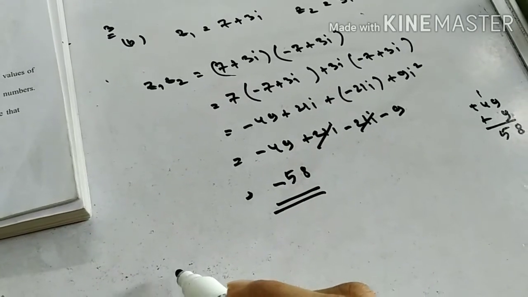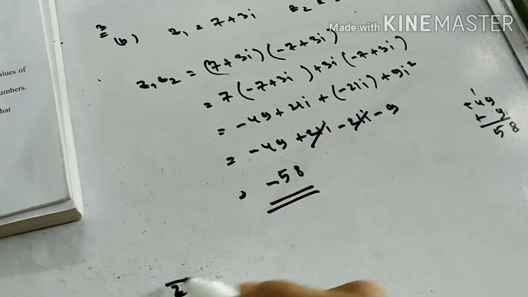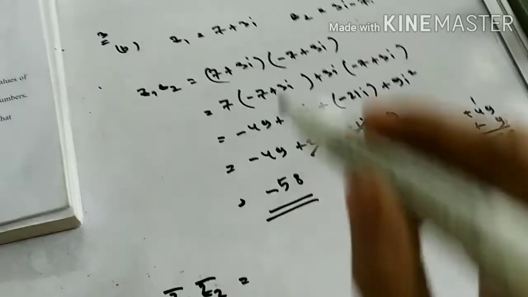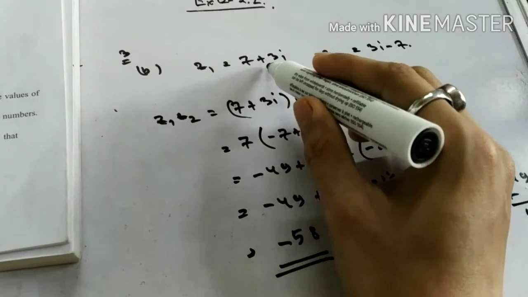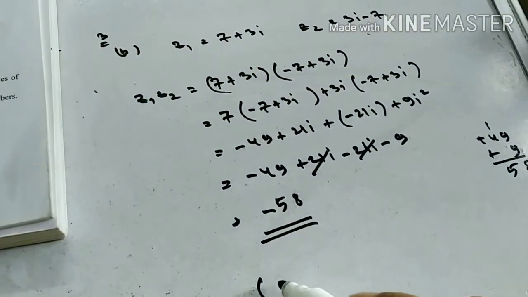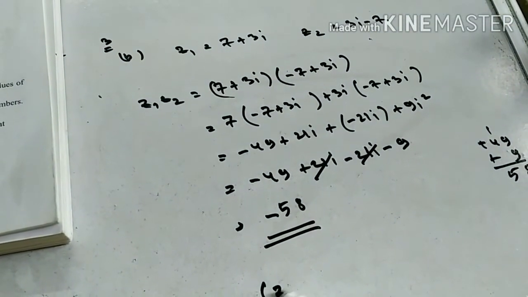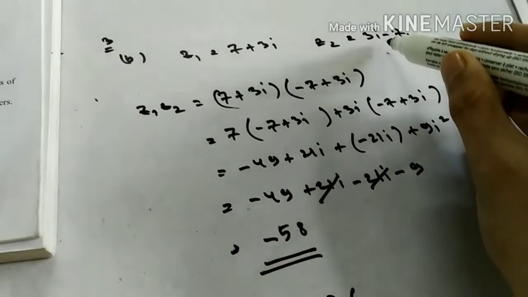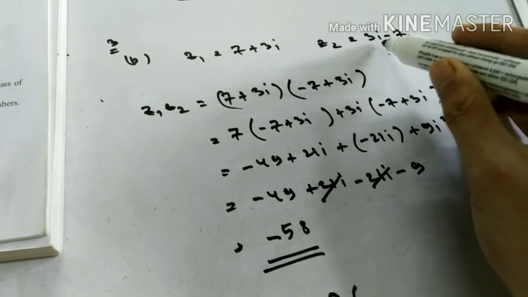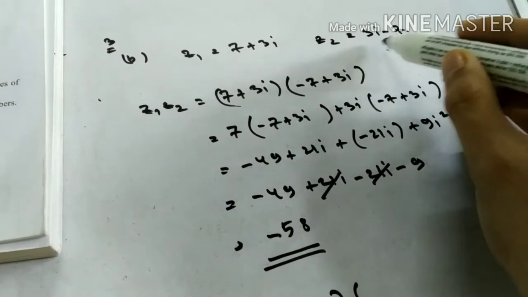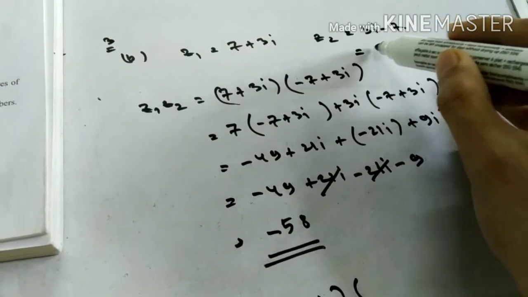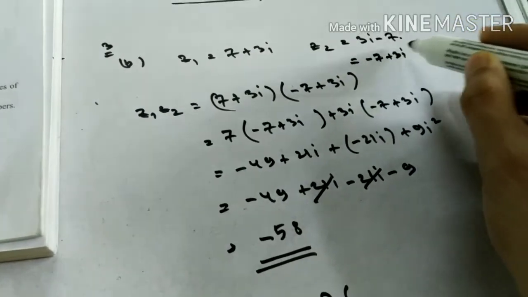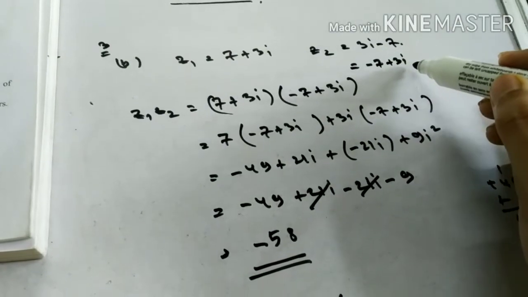So next, I have to find z1 bar into z2 bar. So z1 is 7 plus 3i, so z1 bar will be 7 minus 3i, into z2, which is minus 7 plus 3i.